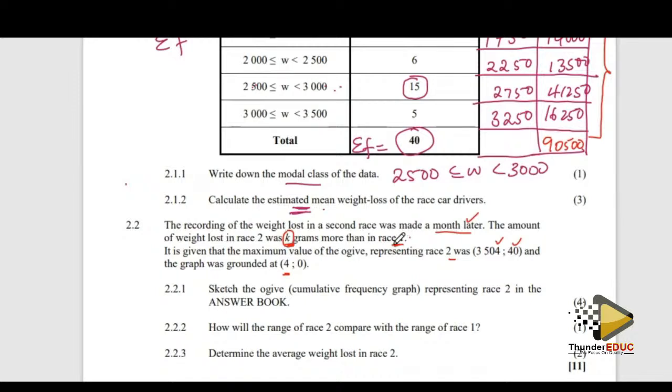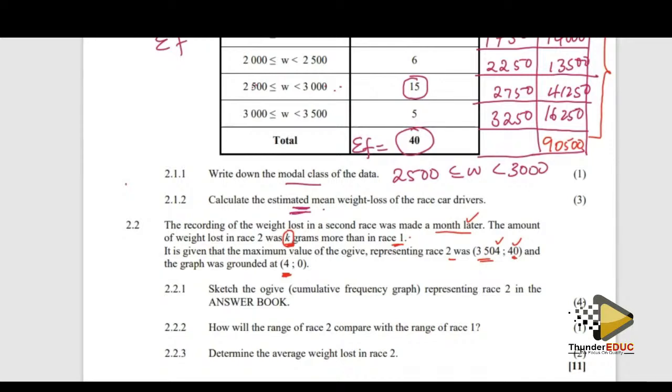Given that the maximum value of race 2 was 3504 as well as 40, and then the graph was grounded at 4 and 0. What does this mean?